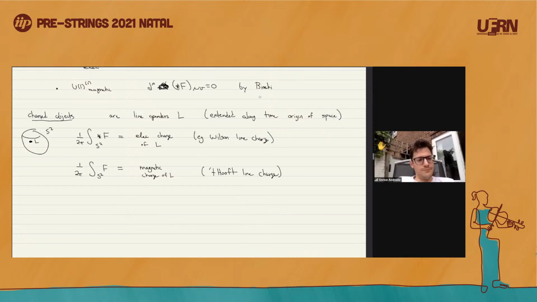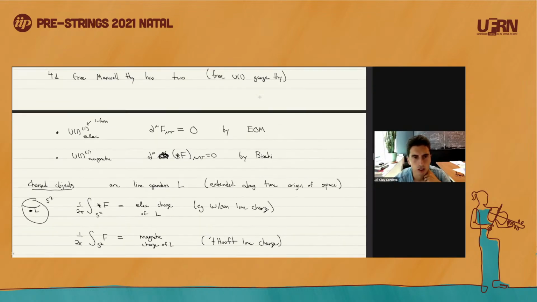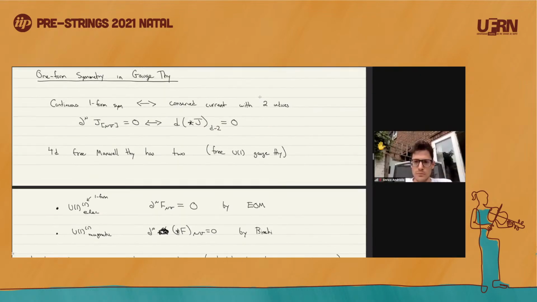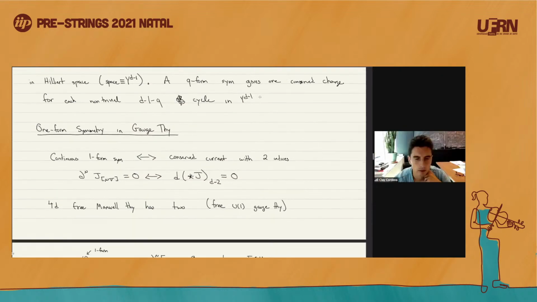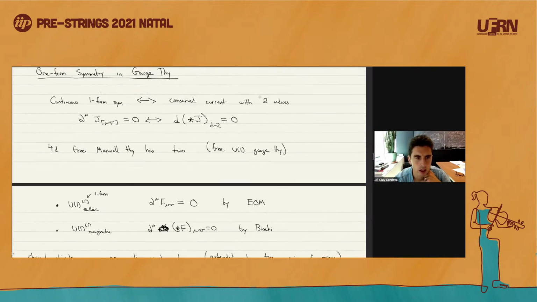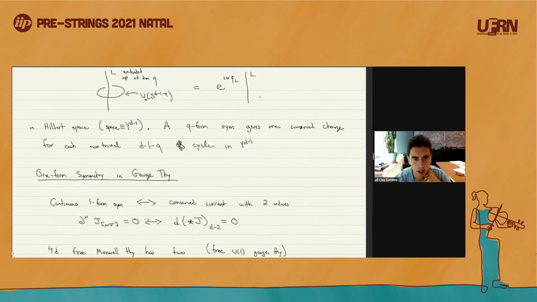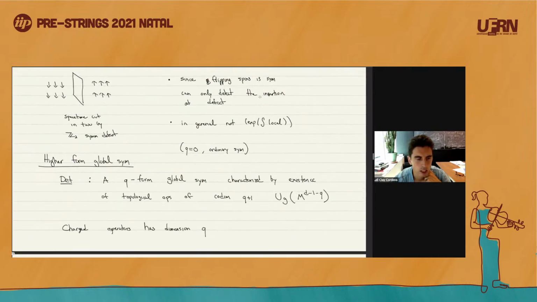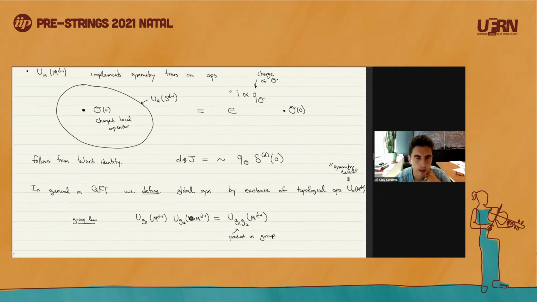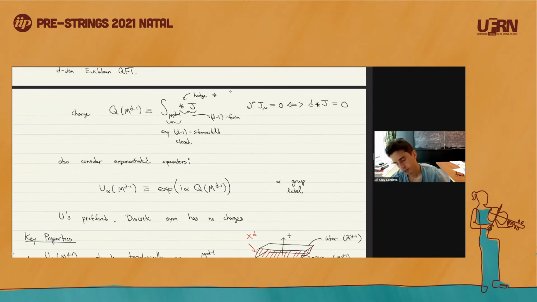Let me answer the third, the technical question first, which is about improvement terms. The improvement terms don't matter for the reason that they don't matter in general, which is that I'm imagining this D-1 submanifold is closed. So it's something like a sphere. Think of it like something without a boundary.